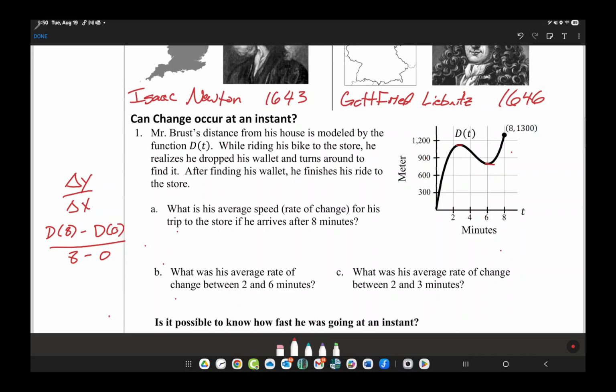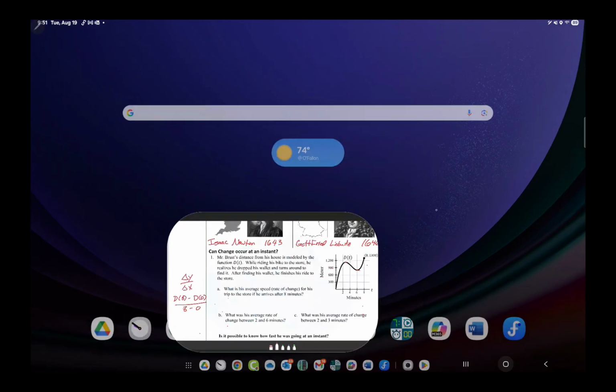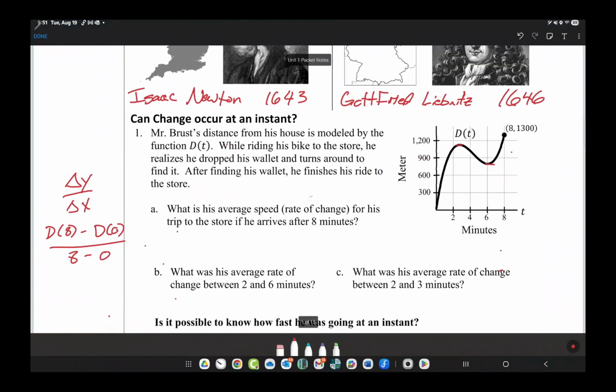In this case, we do actually have values, so we can find the average rate of change or its average speed. Here we have 0, 0, and we have 8, 1300. So 1300 minus 0 over 8 minus 0 gives you 162.5.